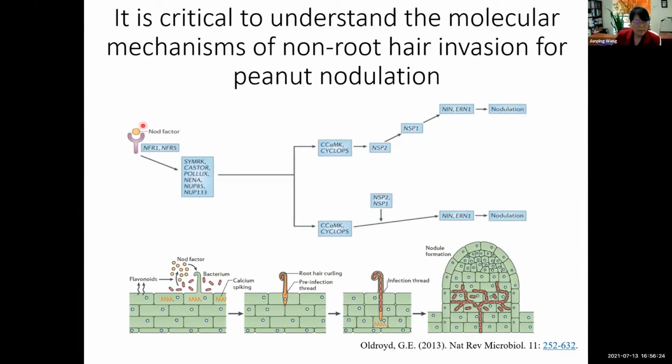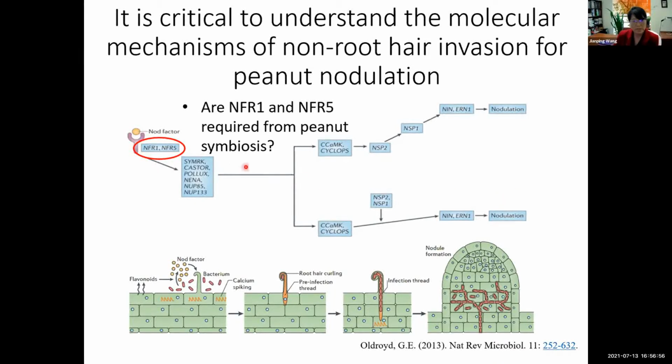As we can notice, here is the pathway for root hair invasion. The first step is the receptor: the nod factor produced by the bacteria is received by the nod factor receptors NFR1 and NFR5. These two genes are required to receive the nod factor signal and pass it on downstream for nodulation to happen.